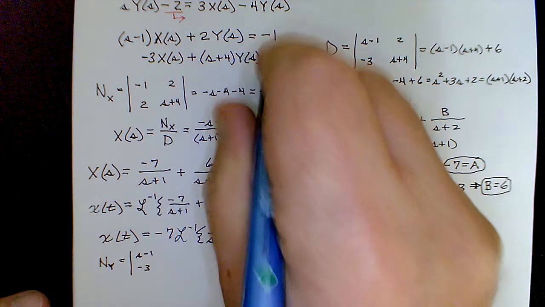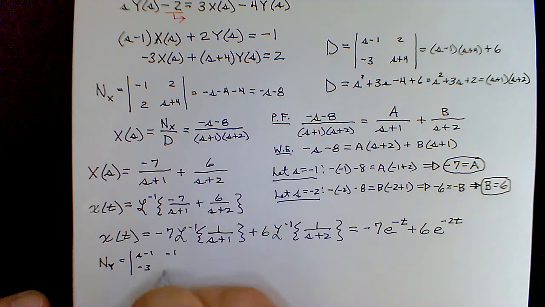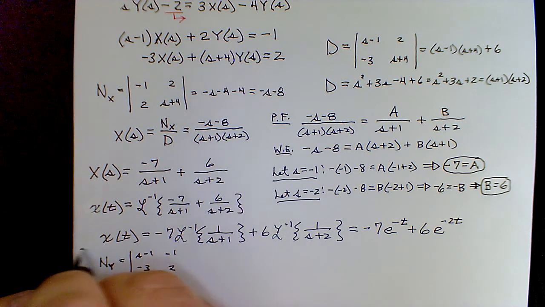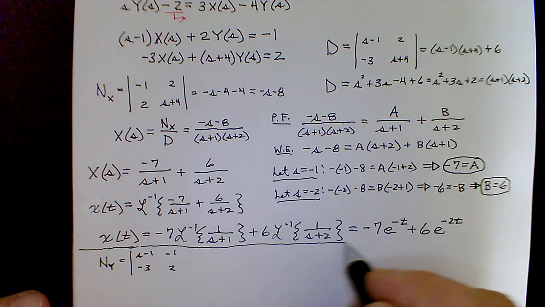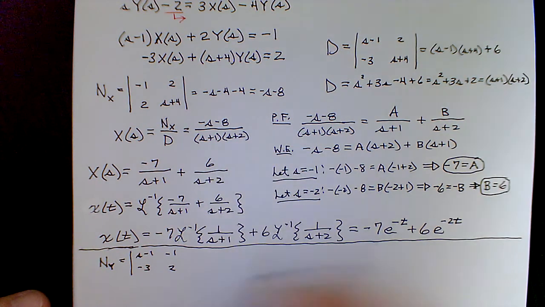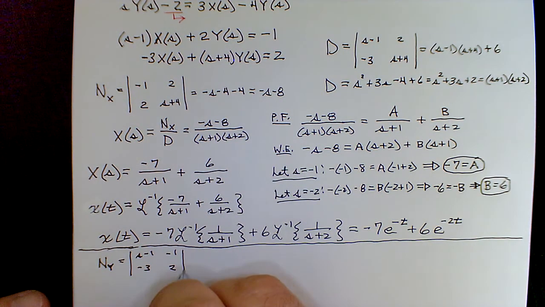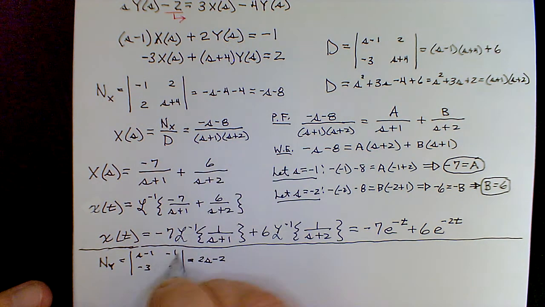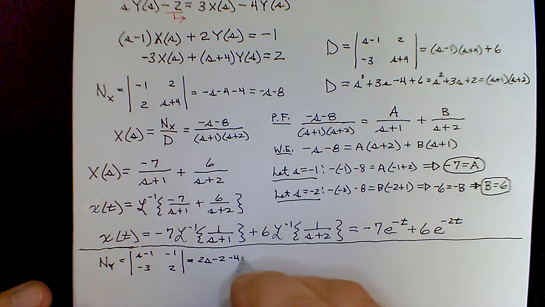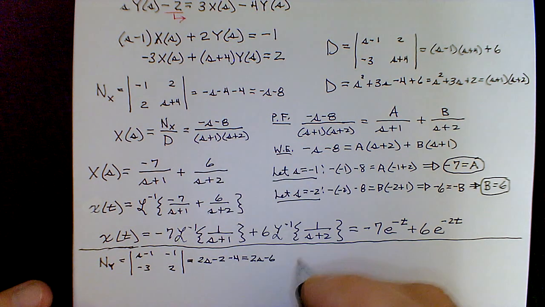Replace y by the solutions, negative 1 and 2. Okay, so you know that's x of t. Now we got to do the same thing over for y of t. Okay, so we get 2s minus 2 minus 4. So 2s minus 6.